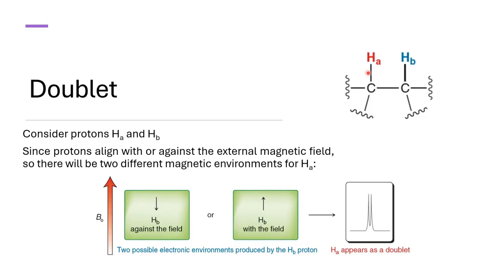Why? There are going to be 2 ways that the proton can align with the external magnetic field. HB, or the neighboring proton, can align either against the field or with the field. That causes HA to have 2 different magnetic environments. So HA will appear as a doublet.